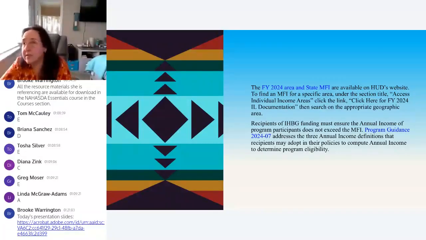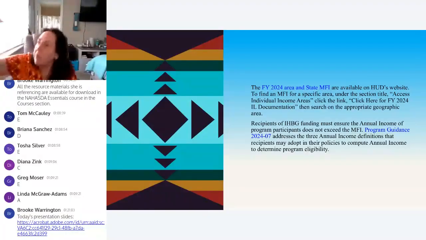Be aware that if you use that language, you need to run it all 3 ways and make sure that you're applying it uniformly. They don't like any type of tribal preference, basically. So just be careful.